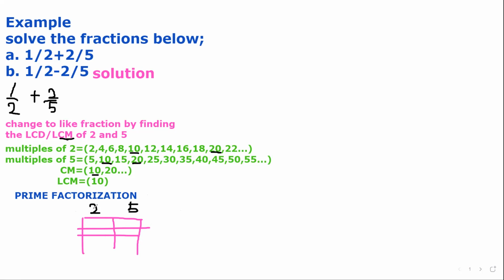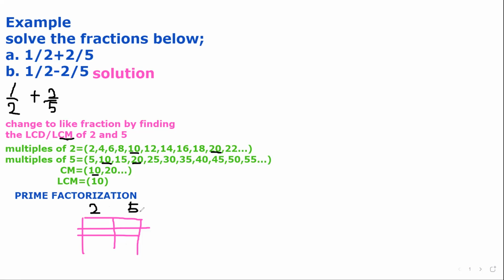Then if you reach the stage whereby you cannot cancel the two numbers at the same time, then you take the numbers themselves, because the main aim of using this method is to cancel the numbers to get 1. It's not always that you have to use the numbers themselves.